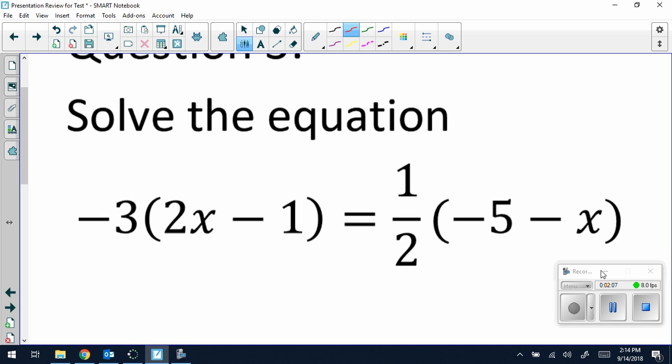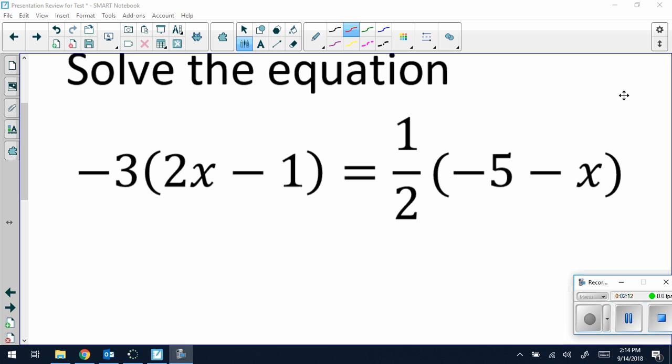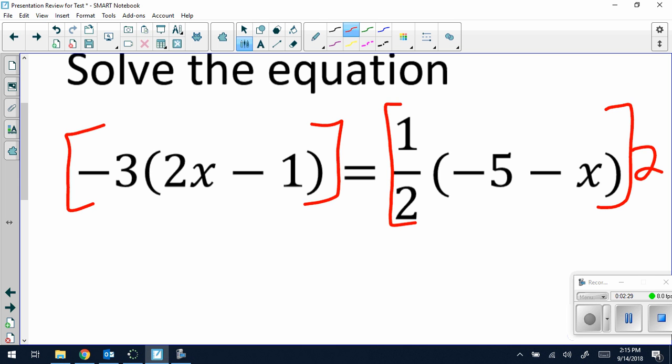Again, I'm solving an equation, but this time I've got this fraction here. And I could distribute it, but if I do, it's going to give me yucky fractions or decimals to deal with, and I don't want to do that. So instead, to make my life easier, I am going to start by multiplying both sides of this equation by 2.